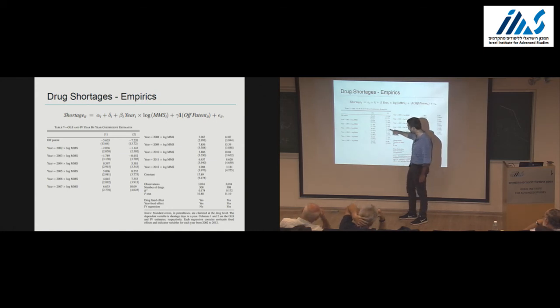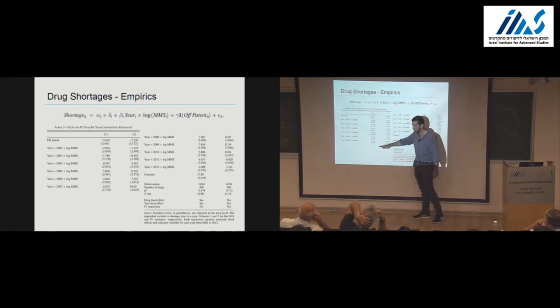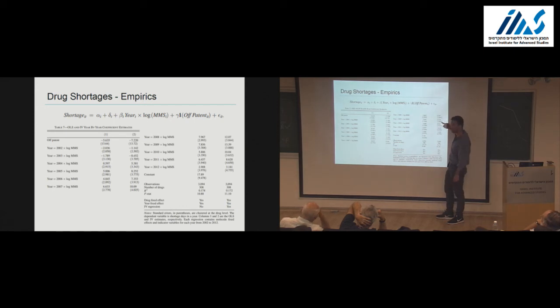One thing that's interesting is that it takes a little while for the shortages to really scale up. This table is broken in half, so this is a continuation. It hits a peak a few years after the change. That's something we got pushed back on as well: why does it take four or five years? We don't have a great answer.